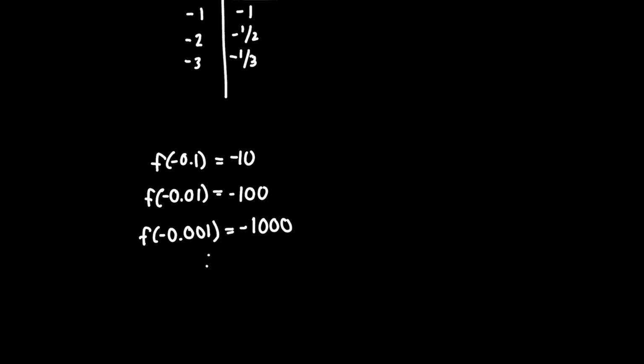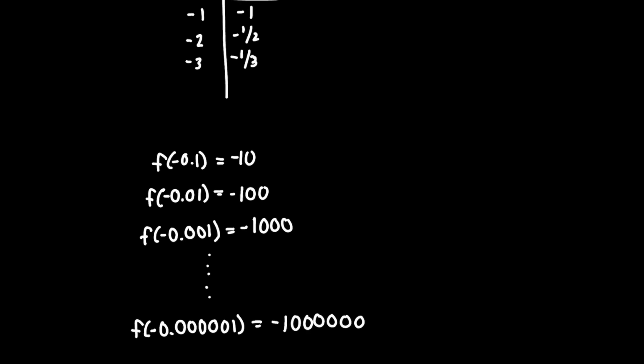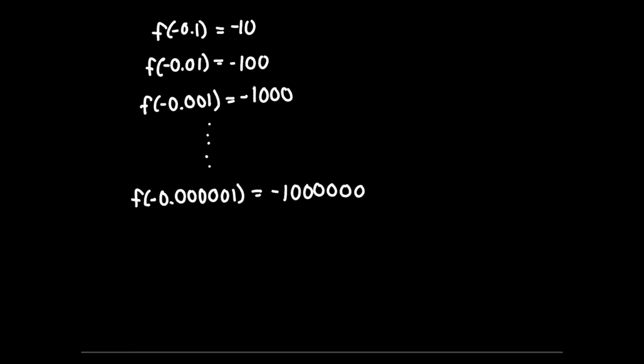And as we plug in bigger and bigger numbers, or numbers that get closer and closer to 0, we'll get overall smaller and smaller outputs. Ultimately, as our input gets bigger and closer to 0, our output gets smaller and closer to -infinity.